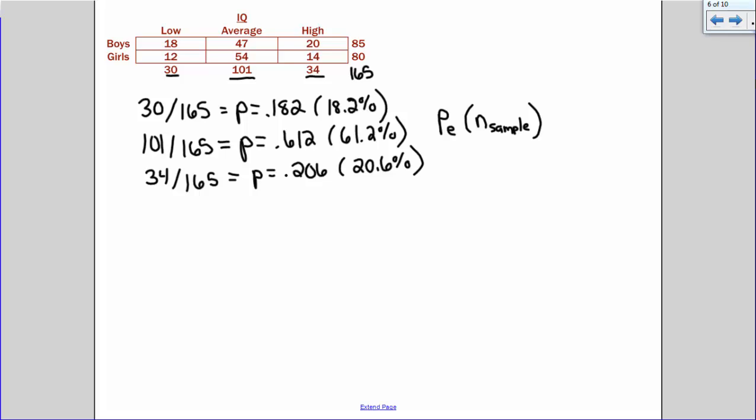I'm going to recreate this table. These are our FOs still, the observed frequencies in our sample. Now we're going to create a table for our FEs. So we've got boys, girls, low, average IQ, and high IQ.